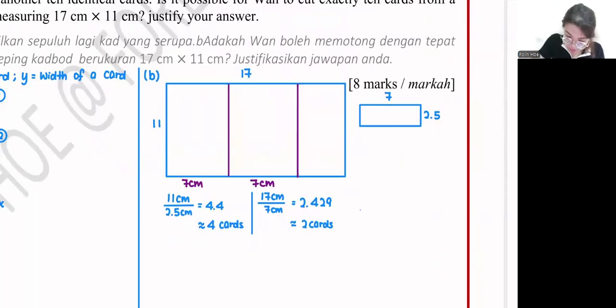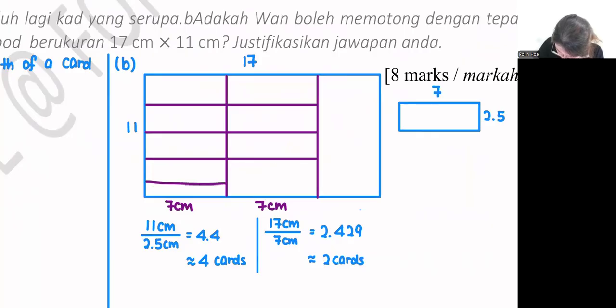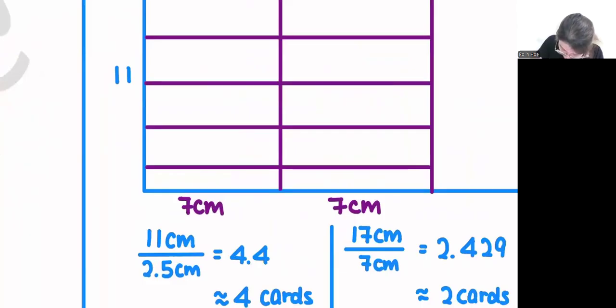For the width, I can put in 4. I can put 1, 2, 3, 4. 4 is 10? So here extra 1 cm. Extra 1 cm cannot use. This card I must throw away. So from here, how many cuts?